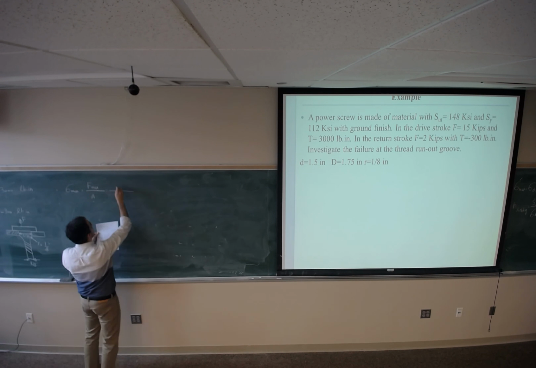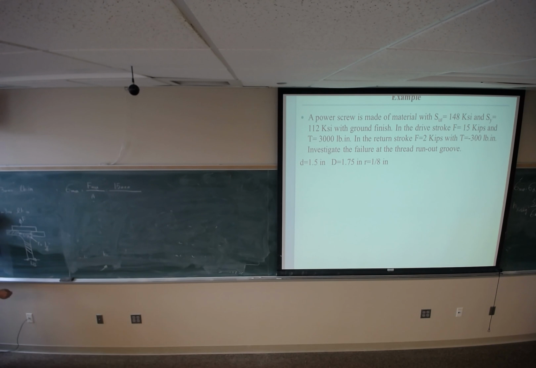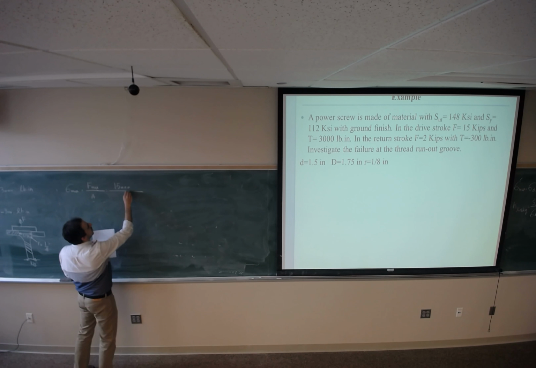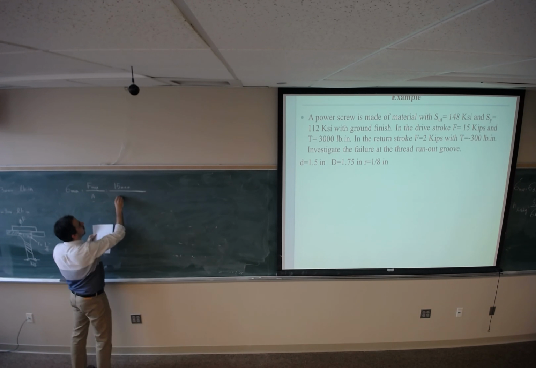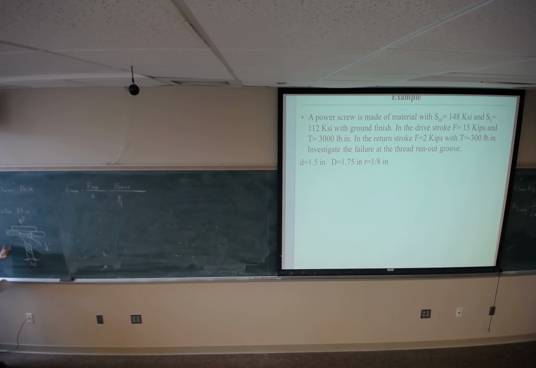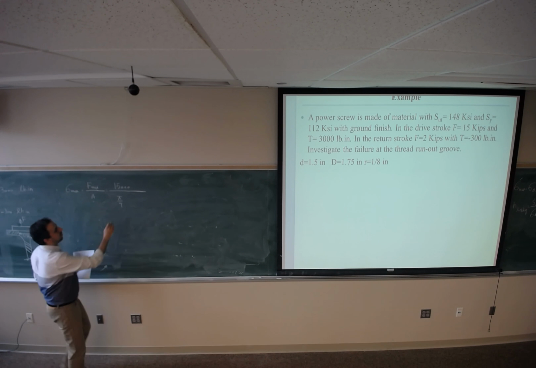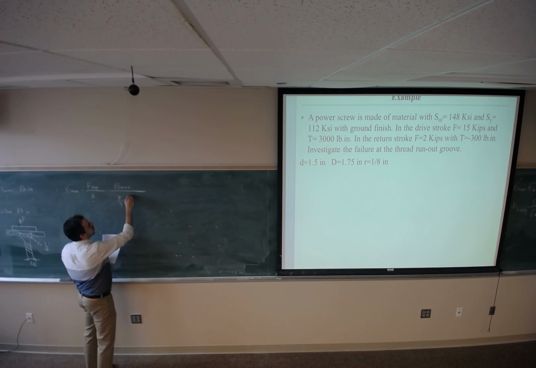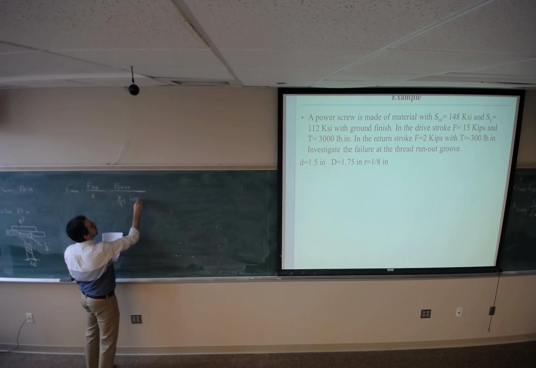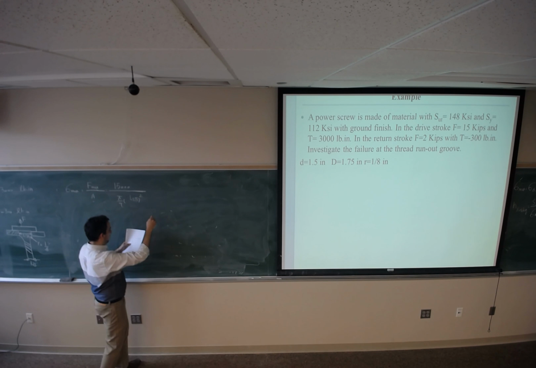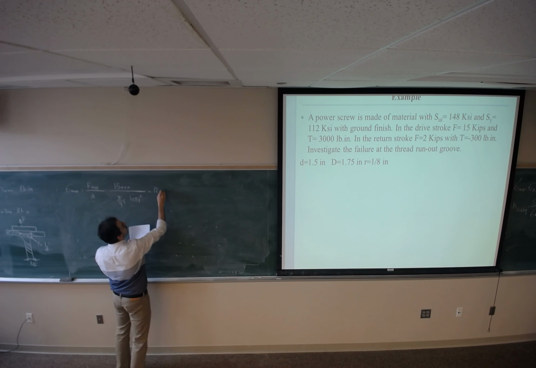Maximum load is 15 kilopounds for the force, 15,000 divided by pi over 4. We are designing for the smaller diameter because it's going to fail at that cross section. So 1.25 squared, it's going to be 12.2 kpsi.